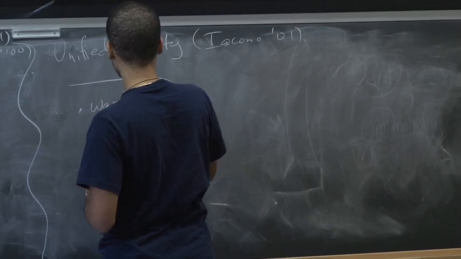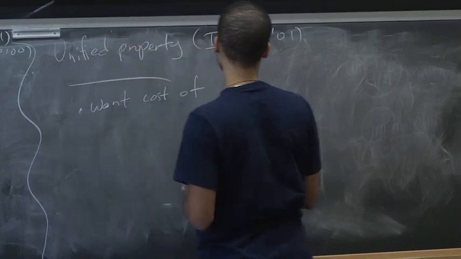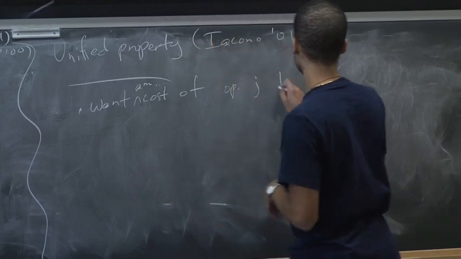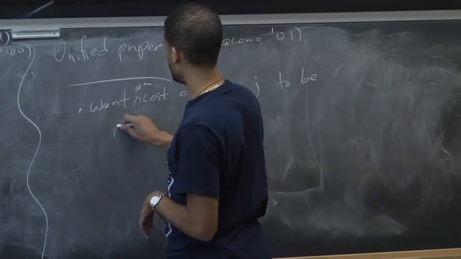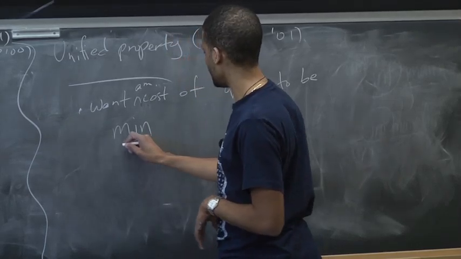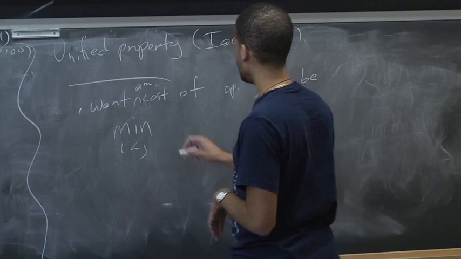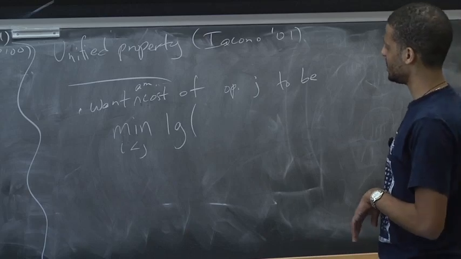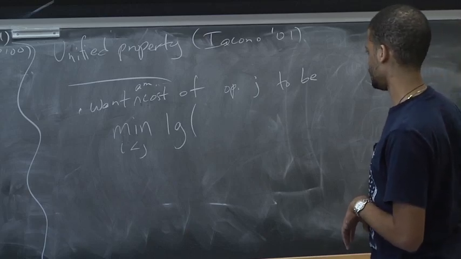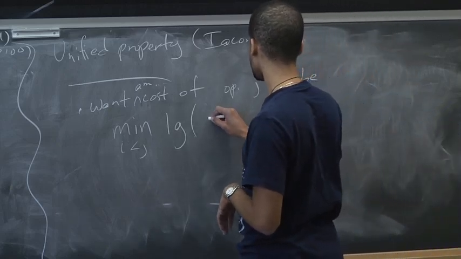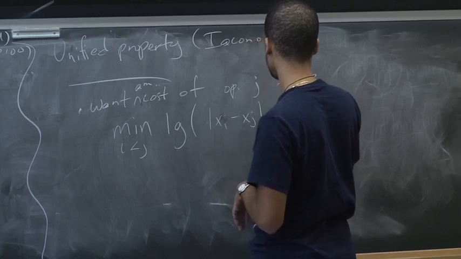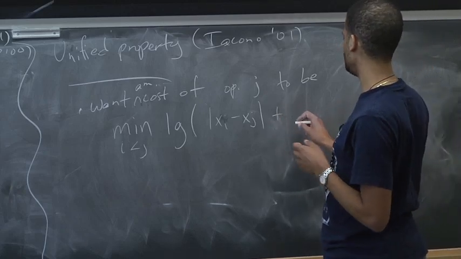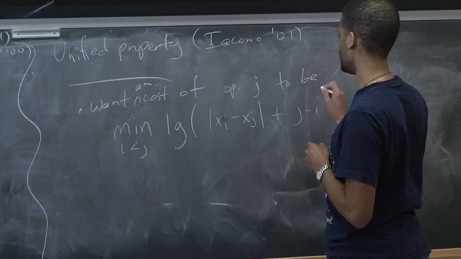We want the amortized cost of operation j to be sort of the min over all i less than j of log of |xi minus xj| plus, I guess, j minus i.